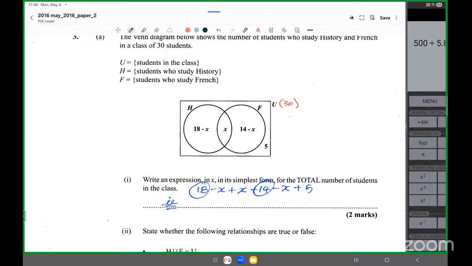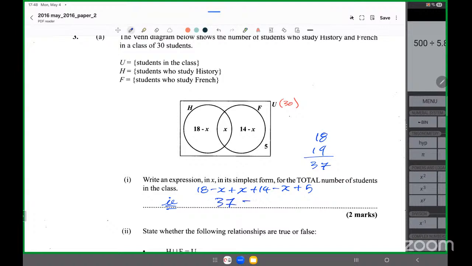I'll put it this way. This is 14 and 5. That's 19. So it's 18 and 19. How much is that? 37, isn't it? So it becomes 37 minus x.